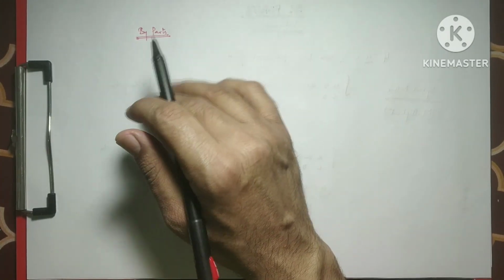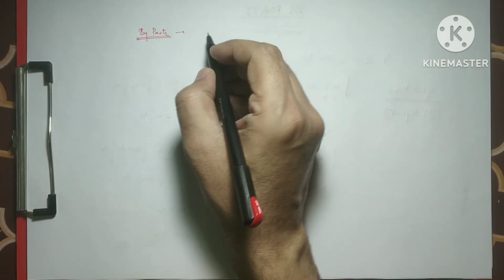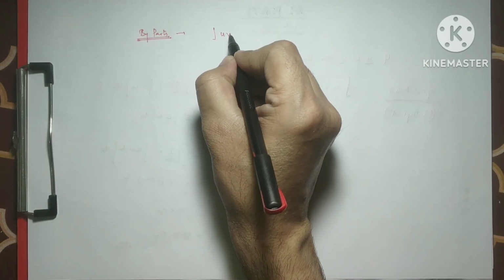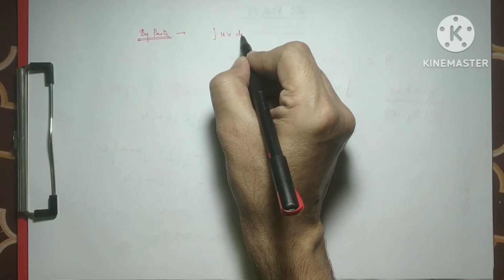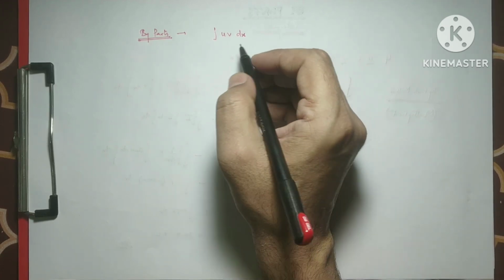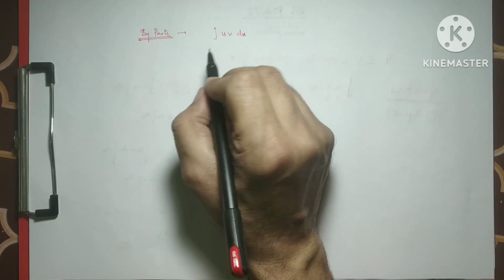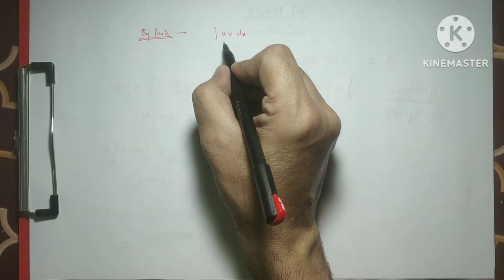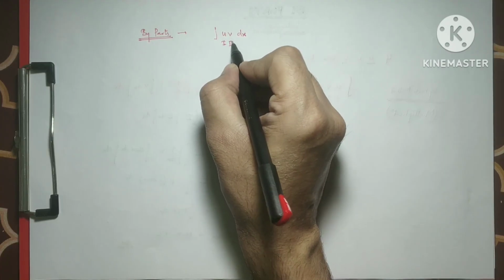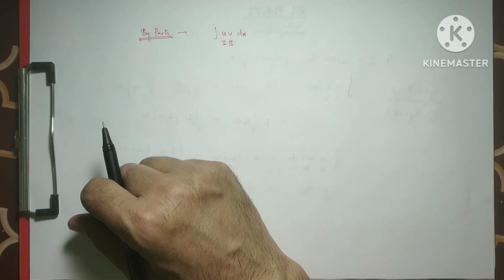Now in this method of by parts, we integrate two functions of x which are in product, and the main thing is the order of this multiplication: which function should be first and which should be second.